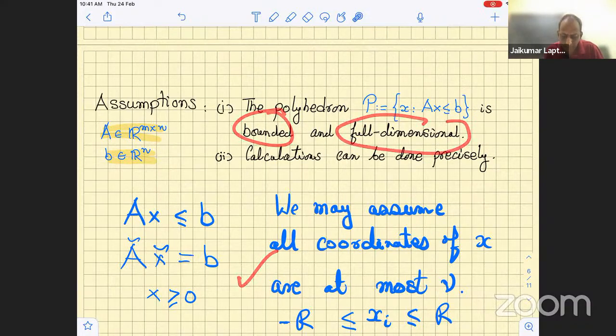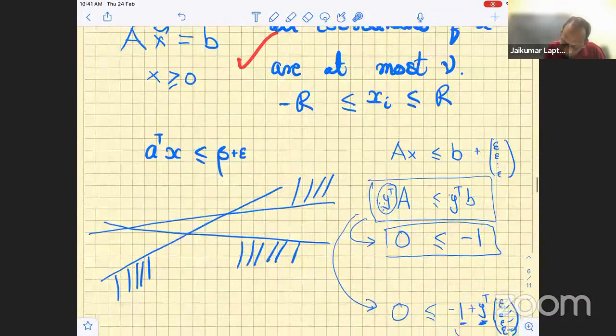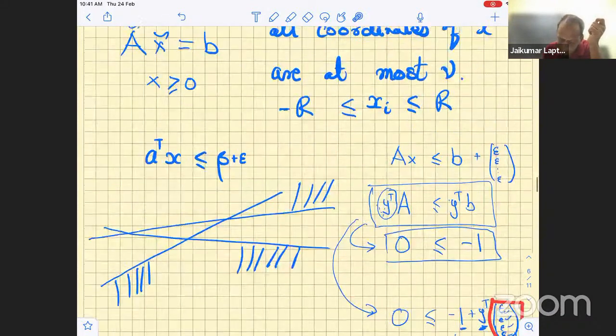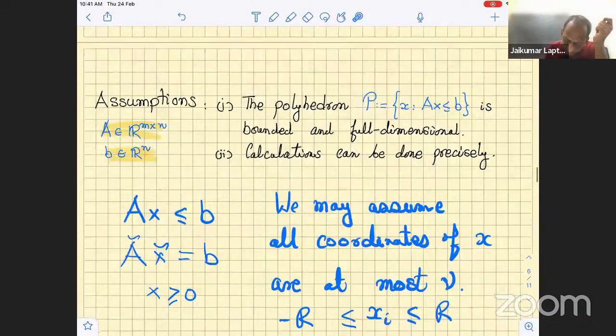It is not full dimensional, we don't solve this, etc. We imagine that there is a solution, and we know that that solution will have bounded size. And from that size, we estimate an epsilon, and we just go ahead and perturb this by increasing the right-hand side by epsilon, and then hand this system over to the ellipsoid. Now it is bounded, and it is also full dimensional.